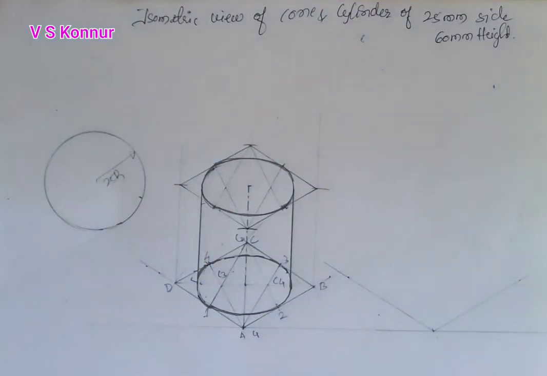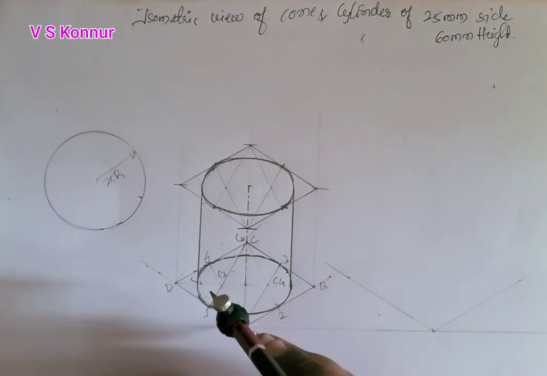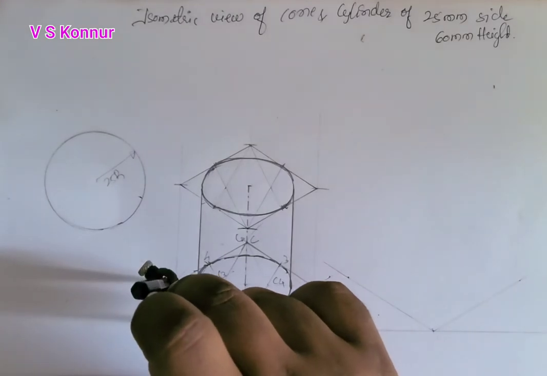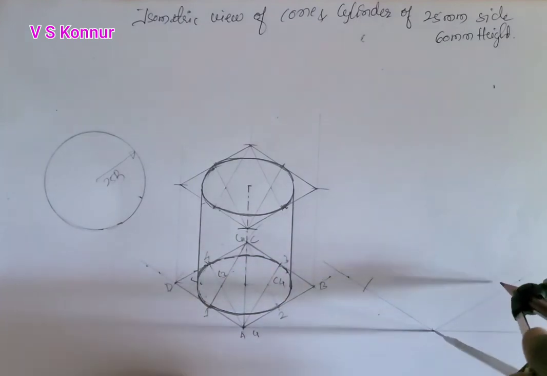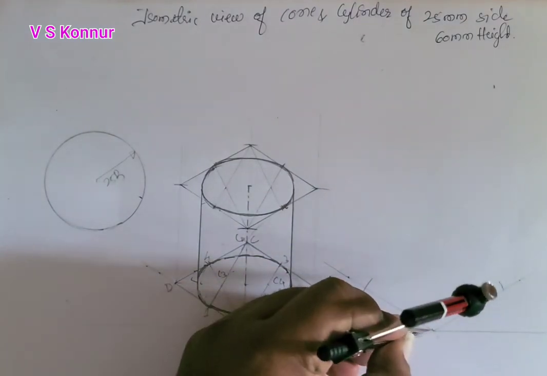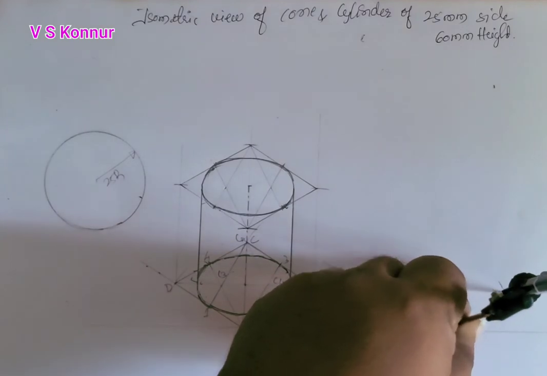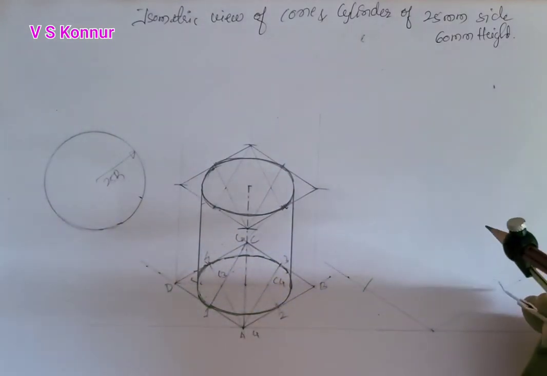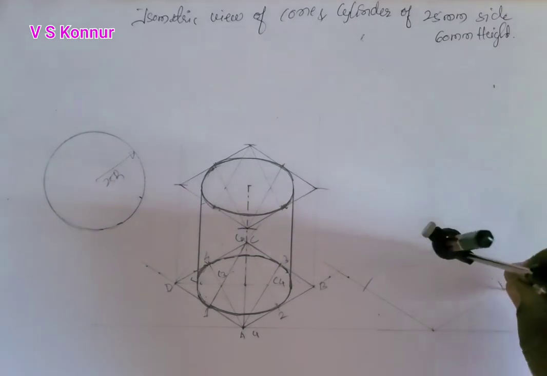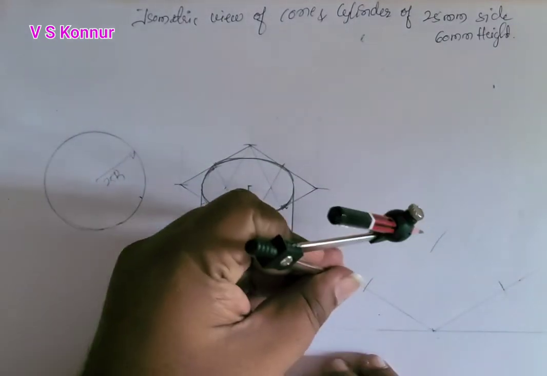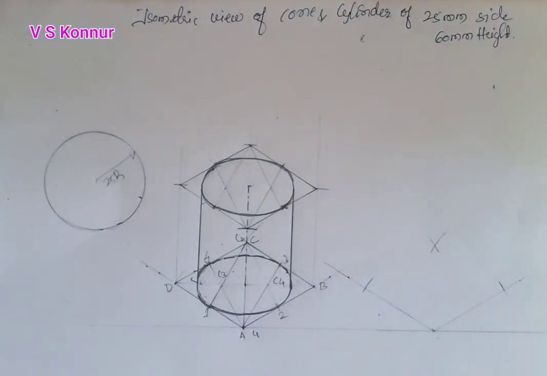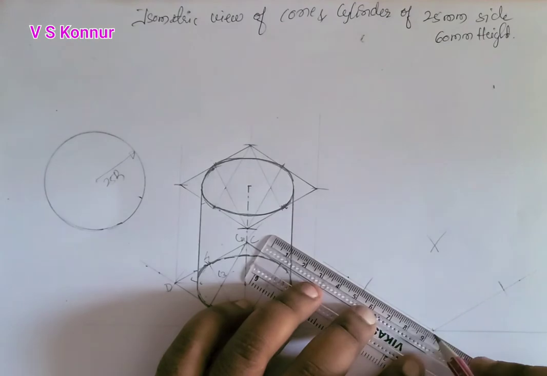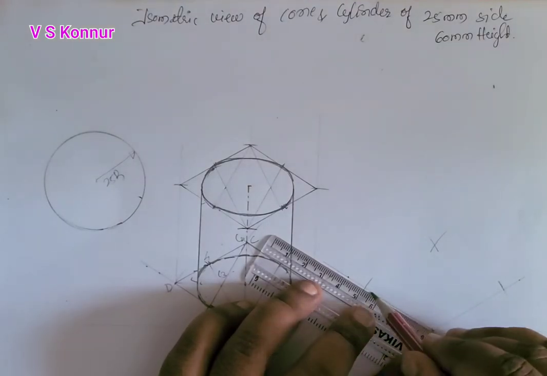Then the same height, same distance we have to take. First you have to make the box of ISO 50, that is, height 60 mm is converted into 50.